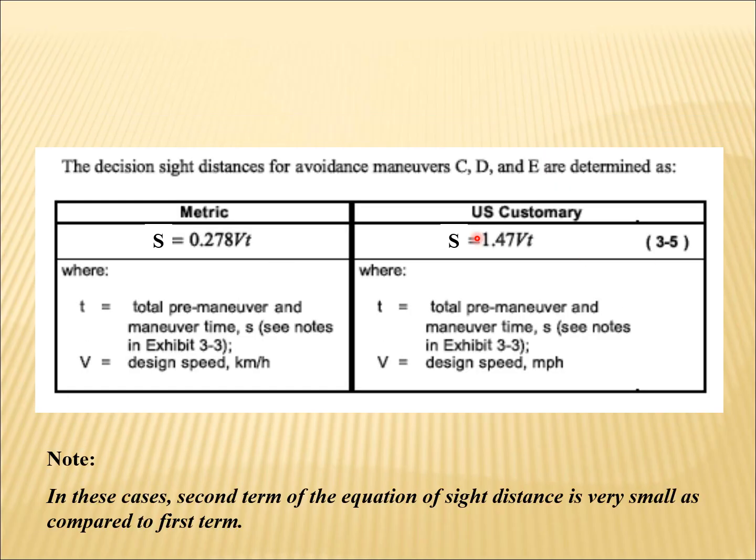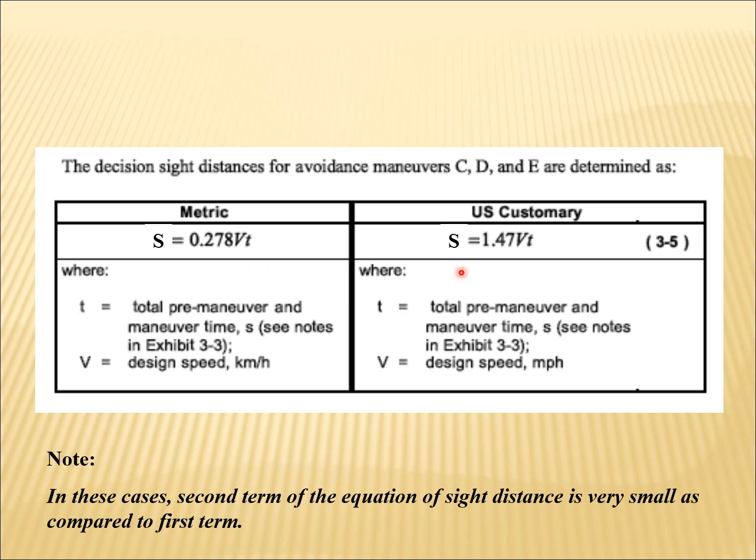As far as avoidance maneuvers C, D, and E are concerned, only the formula S equals 0.278 V times T has been used.